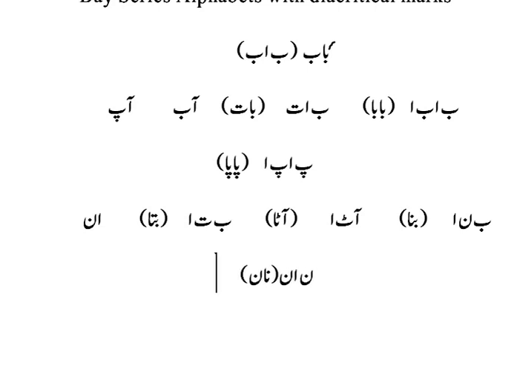When it is in connected format, then it's Noon, Alif, and Be, which would be like this one. Okay, now I'm going to put the diacritical marks on all these, and I'll also tell you how to pronounce them.